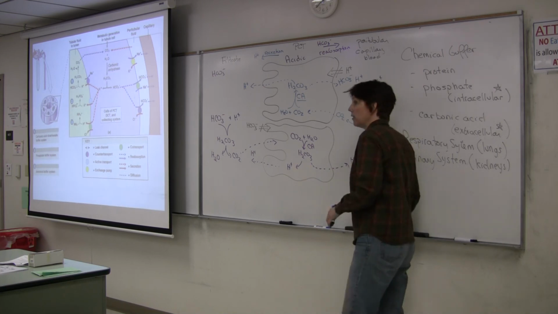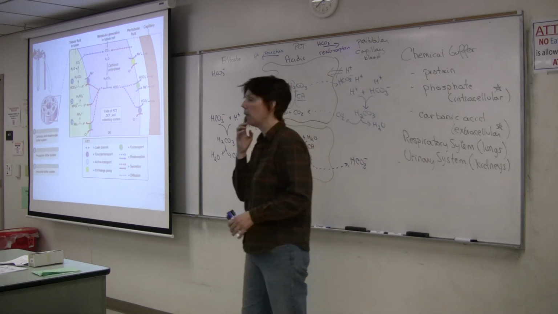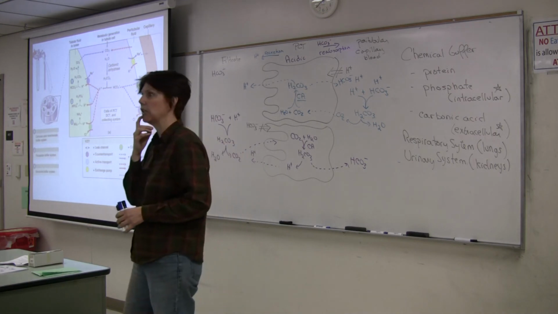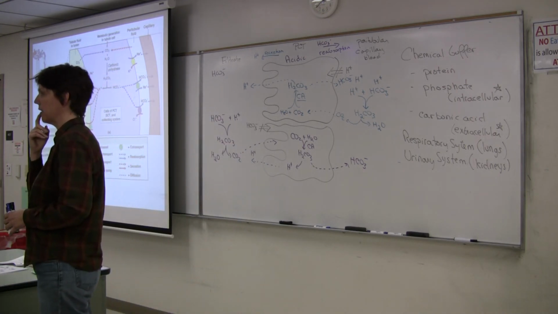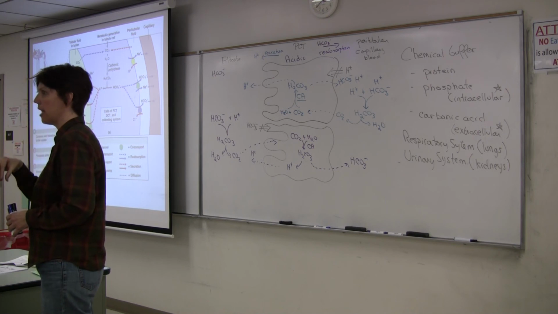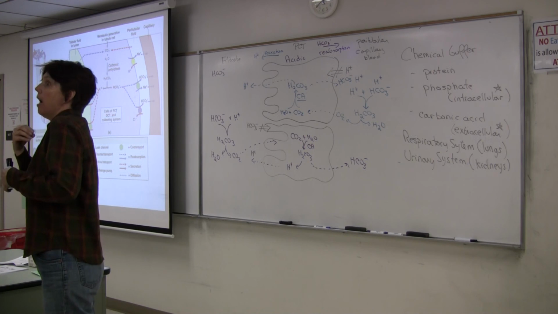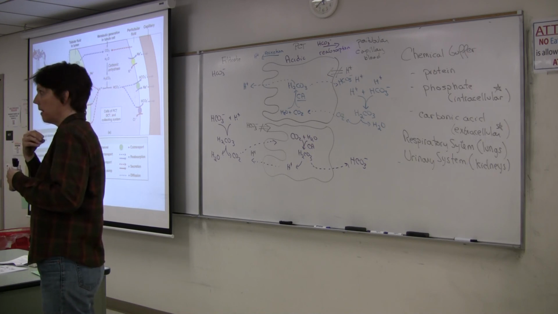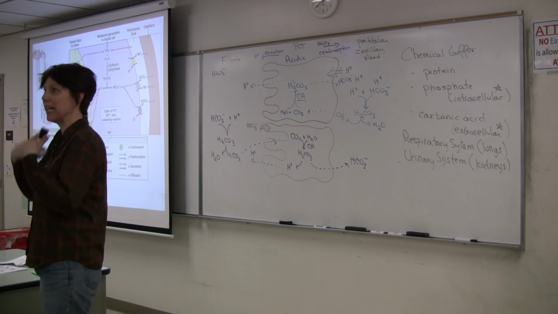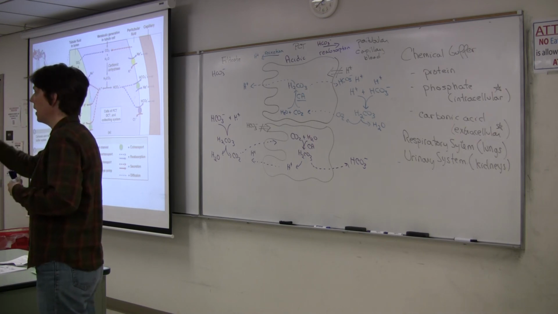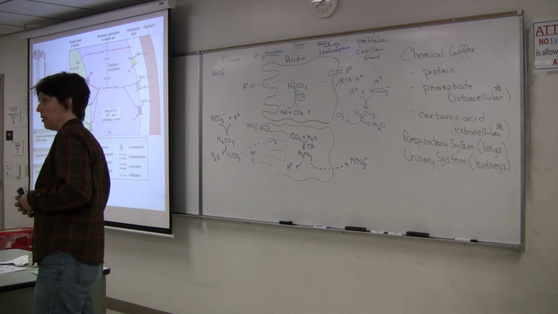Now, if we're in alkalosis, if we're at high altitude, how can high altitude lead to alkalosis? What are you doing at high altitude? Are you breathing shallow or deeper? Deeper to get oxygen. But then what you're breathing out is more CO2. So you might be getting in more oxygen, but you're also getting rid of more CO2 than you normally would.